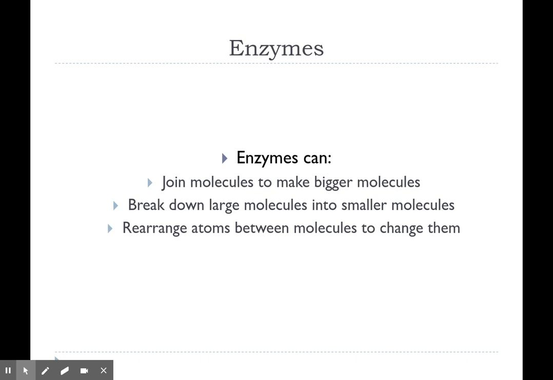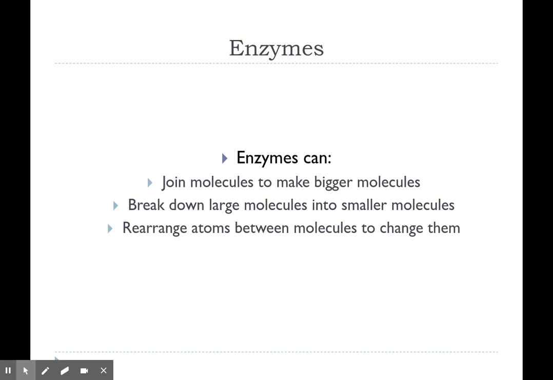A category, as I mentioned earlier, of proteins are enzymes, and enzymes can cause chemical reactions, and the chemical reactions can do one of three things inside a cell. They can join molecules to make bigger molecules. So when amino acids are linked together to make a protein, it's enzymes that help do that.